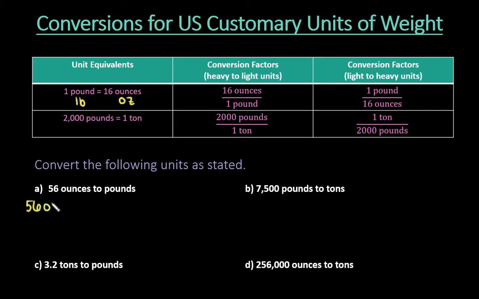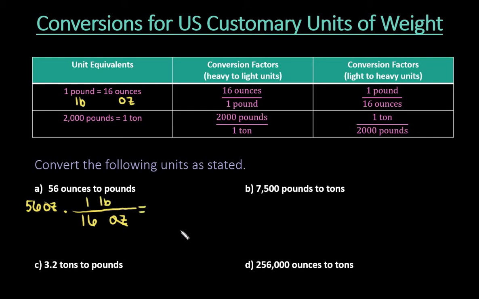So we have 56 ounces and we want to convert this to pounds. We know that we want ounces on the bottom because we want these to be able to cancel out. When we look up here, we can see that we would want the 16 ounces on the bottom and 1 pound on the top.